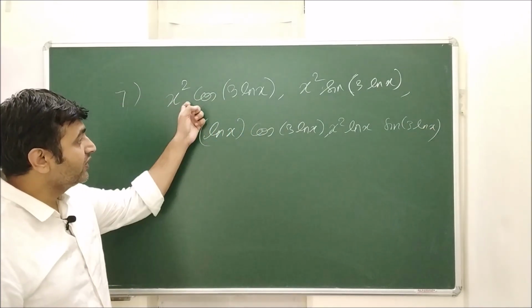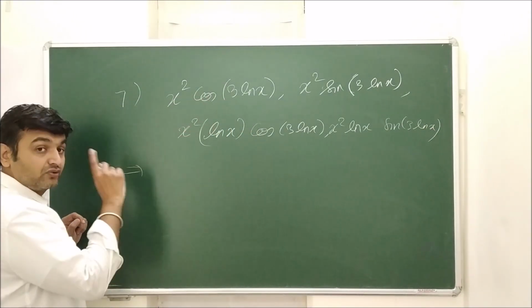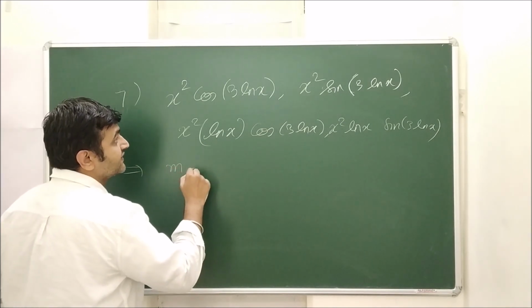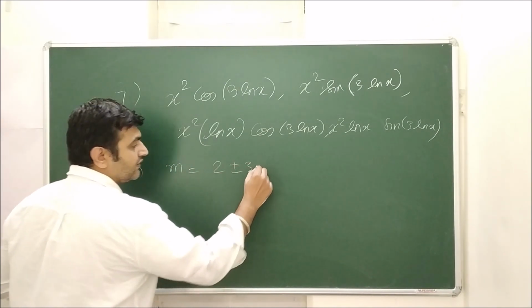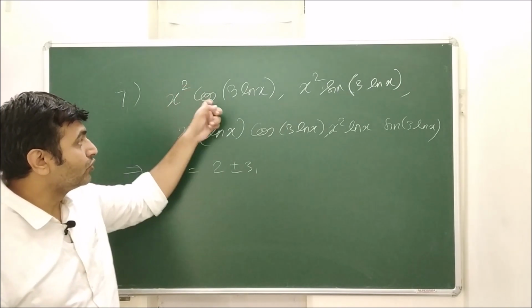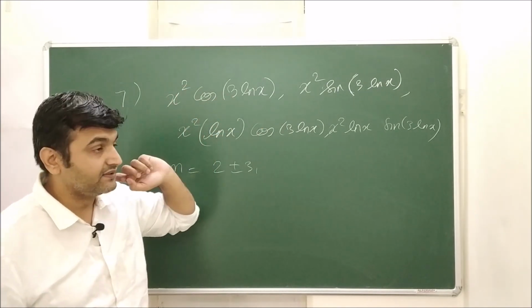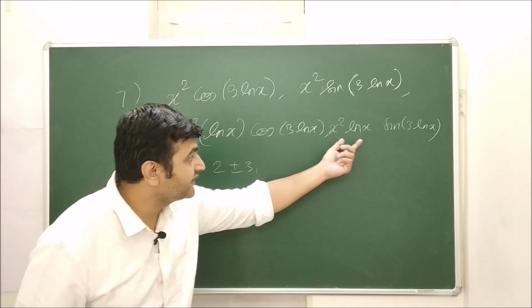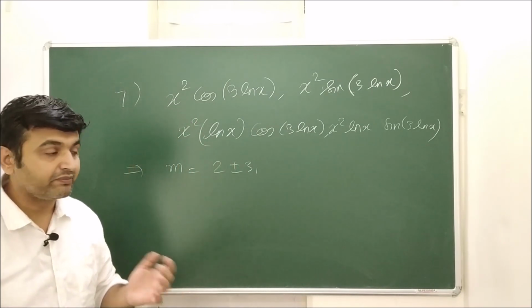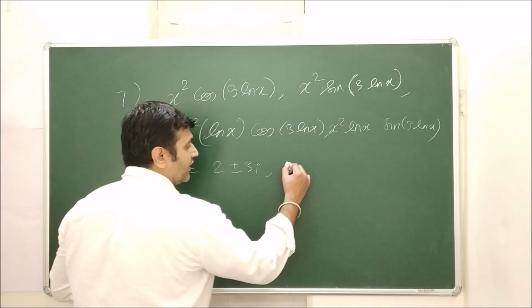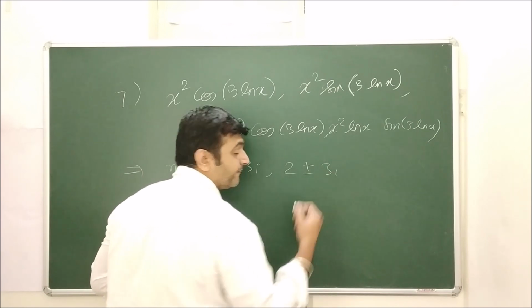When you see this product, you know that is Euler-Cauchy. So here your m is 2 plus minus 3i, x raised to real part cos of imaginary part into ln x. And now again the same thing, but ln is coming. So when ln comes, that means the roots are repeating. Again 2 plus minus 3i.